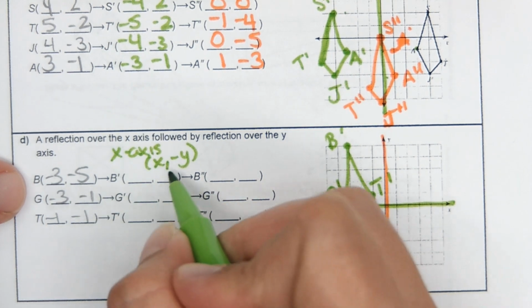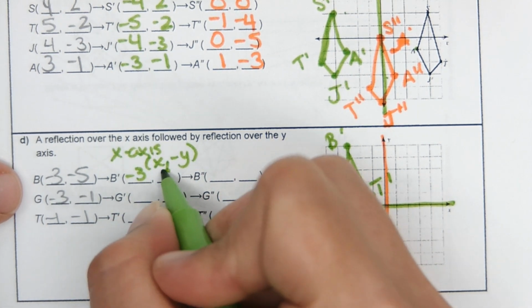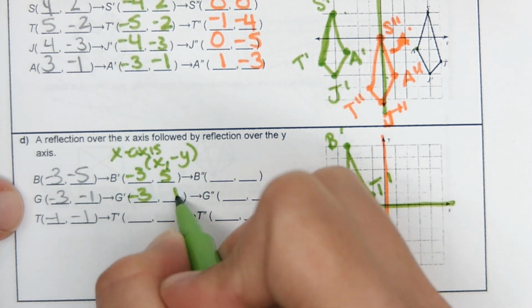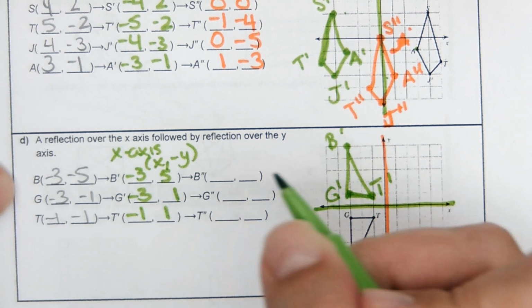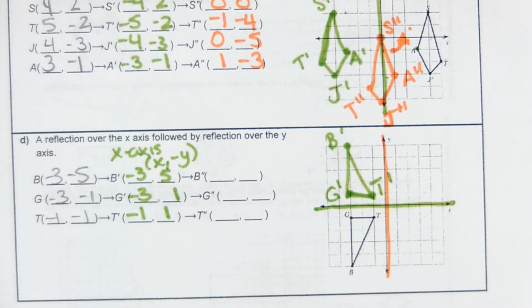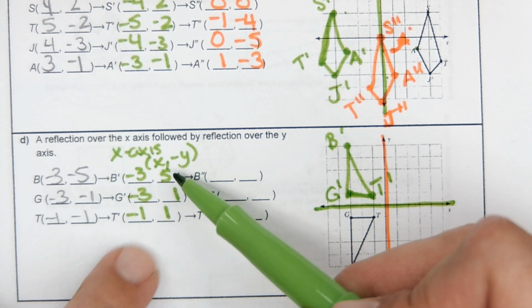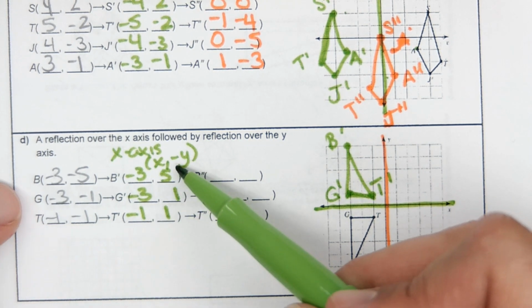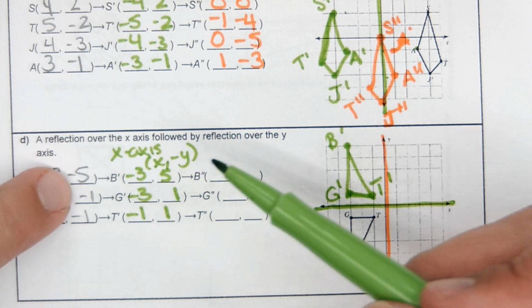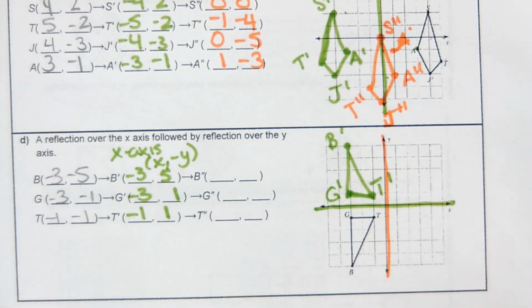So x stays the same and then y changes sign. Somebody asked me, and it was a good question, if this is negative y, why is this positive? Because it's opposite sign. So we started with a negative, so it just turns to the opposite sign.